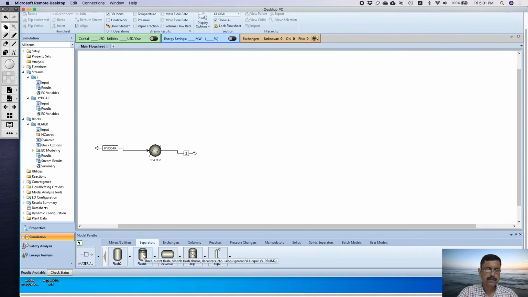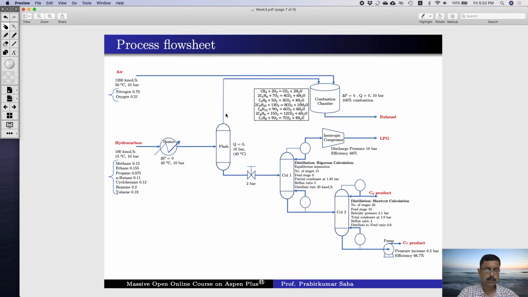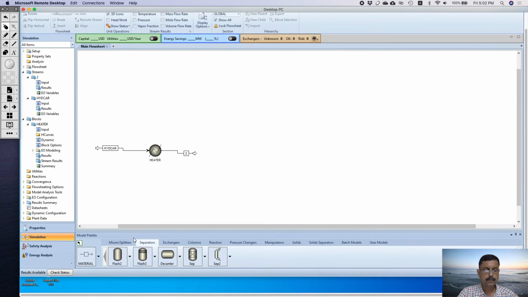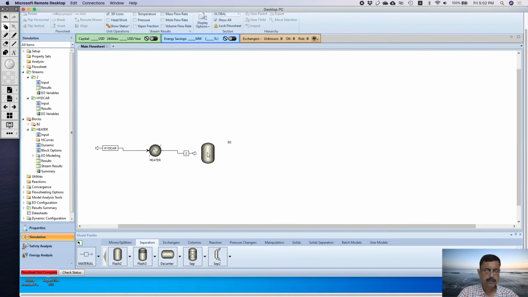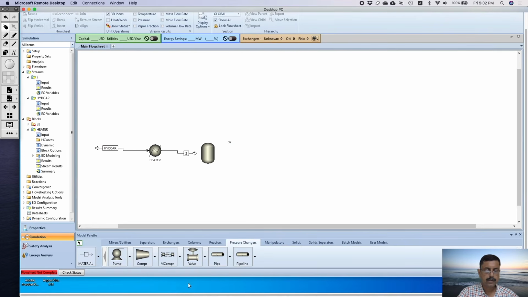So we have 2 outlets, so we will use this flash 2. Followed by a valve. So valve is there in pressure changer. So we will keep the valve over here and come back to the material.